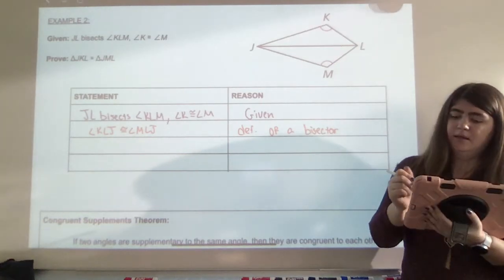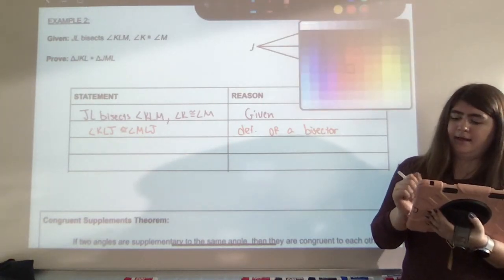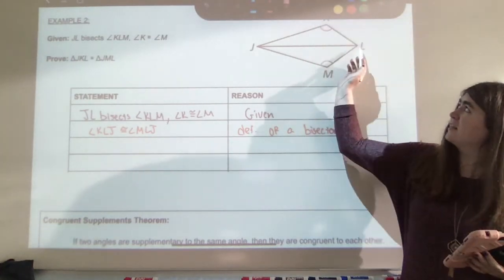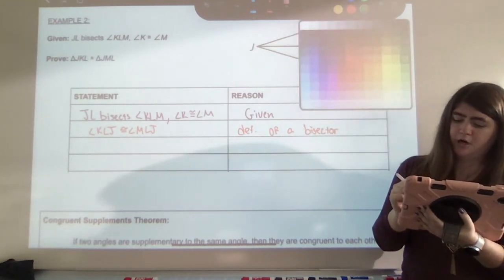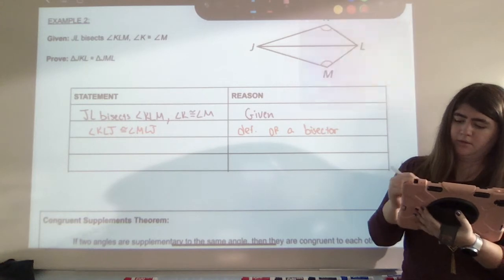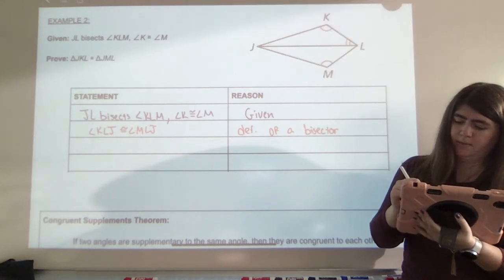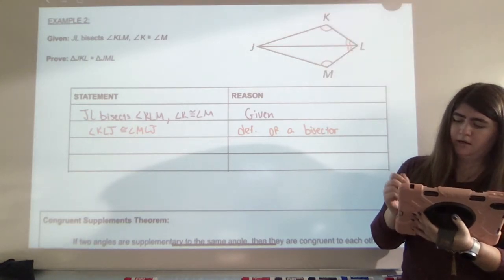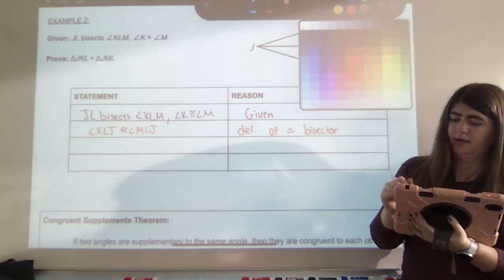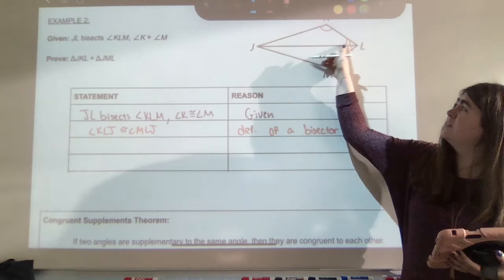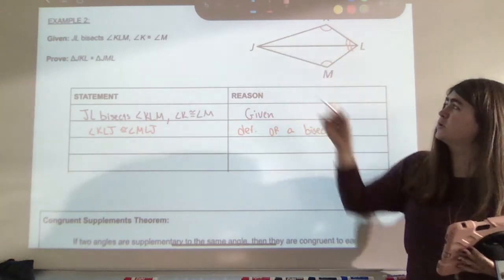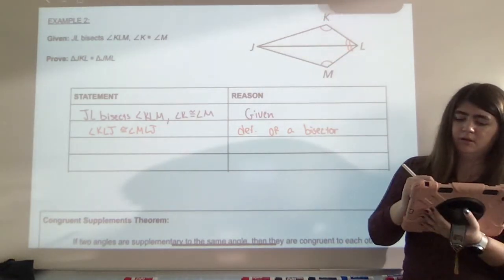Alright, next I have this side that I mentioned here, and I should also mark my congruent angles on my image, so I'm going to do that real quick. Alright, now we'll go ahead and mention our congruent side. So I have this side here that is shared between my two triangles.